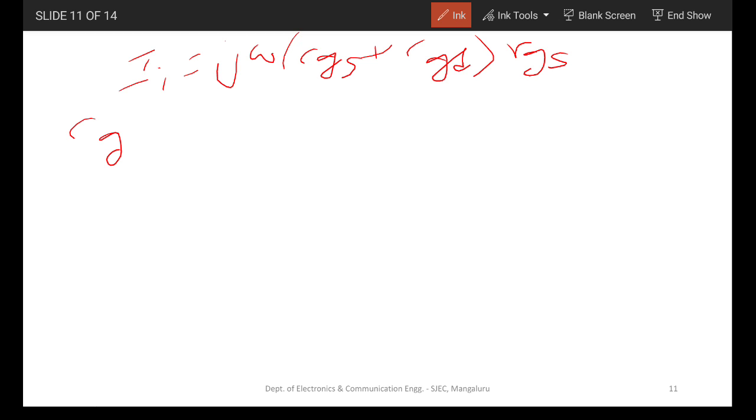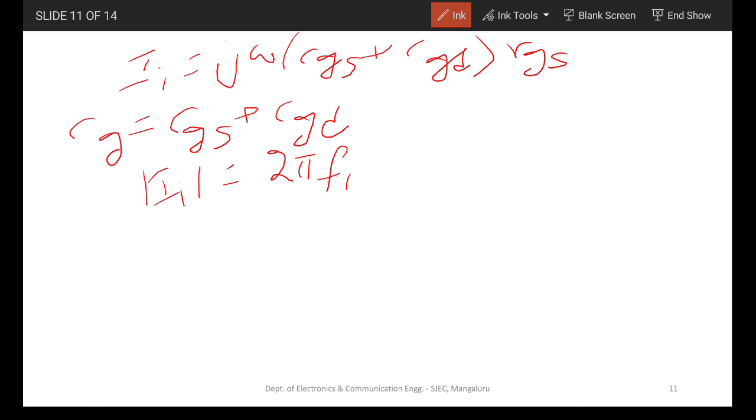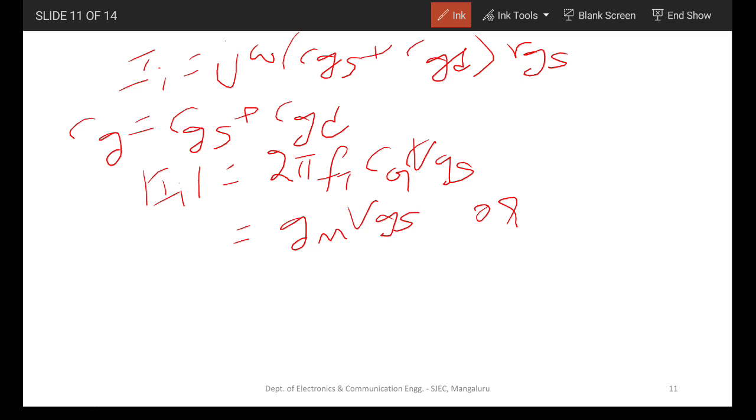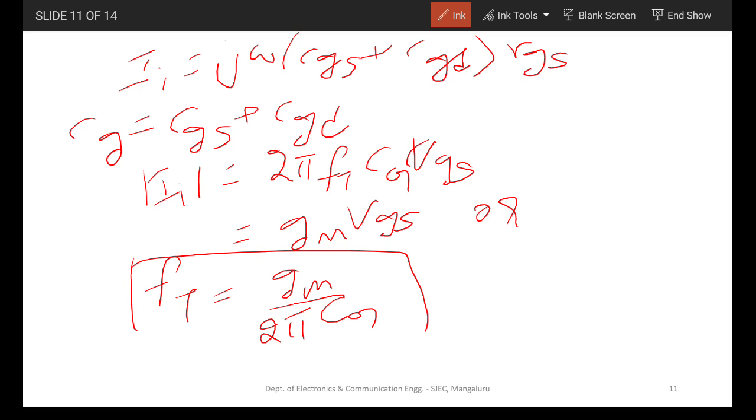Now, if CG is equal to CGS plus CGD, then at the cutoff frequency, 2 pi ft Cg VGS is equal to gm VGS, or the cutoff frequency ft is equal to gm by 2 pi Cg. So this is the cutoff frequency.